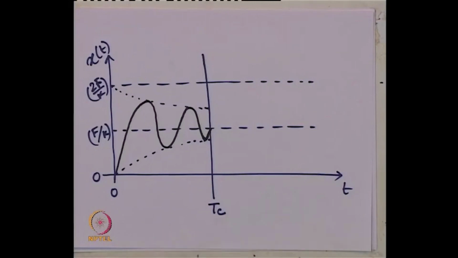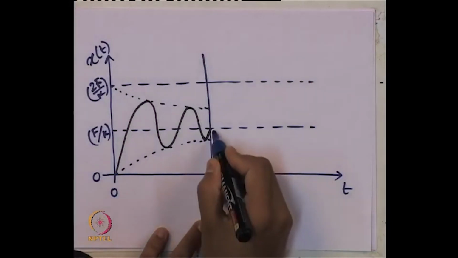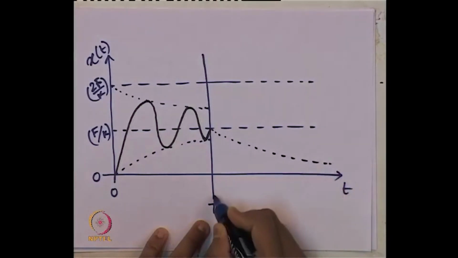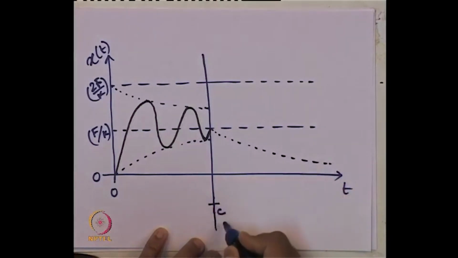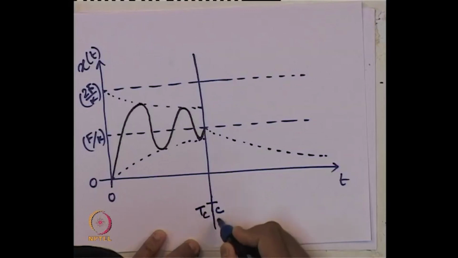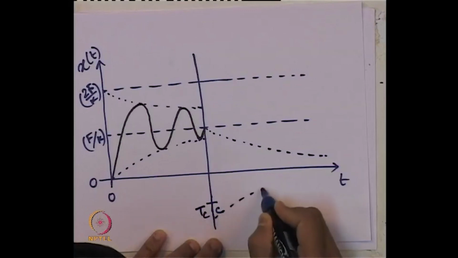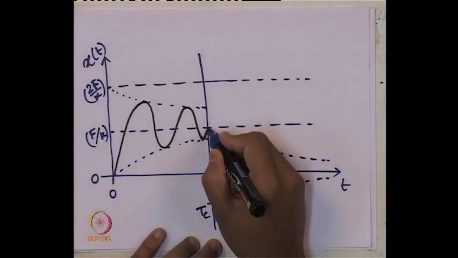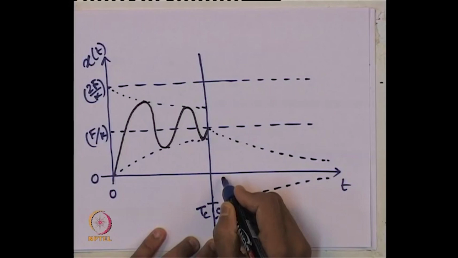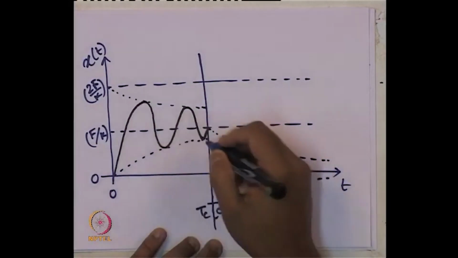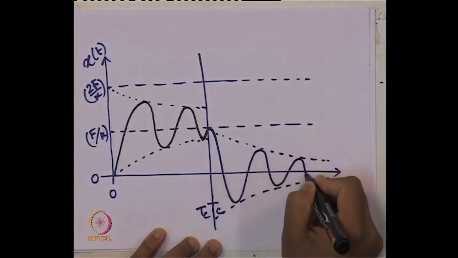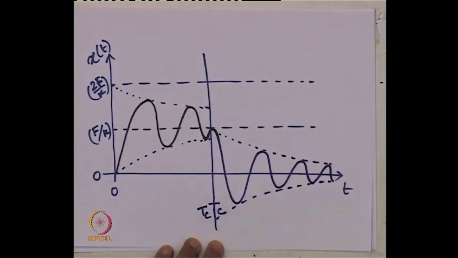Just a schematic diagram I am drawing. Now, it will follow another decay function from this point onwards, and from here it will simply drop to this baseline. From this baseline it will follow that harmonic pattern with a decay function.